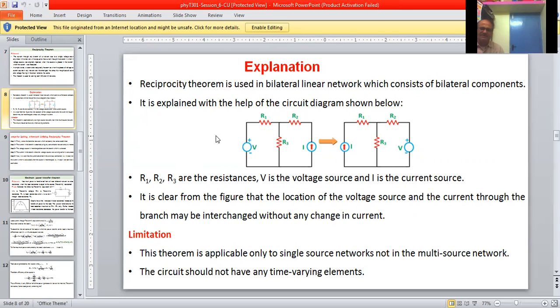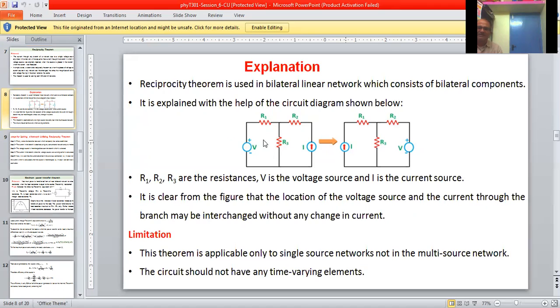Next, in this diagram you see the voltage source here, and you are measuring the current here in stage one, and now you reverse it. In the place of the voltage source, you keep a current measuring device, and in place of the current measuring device, you put the voltage source.